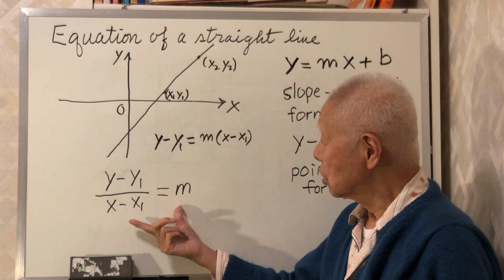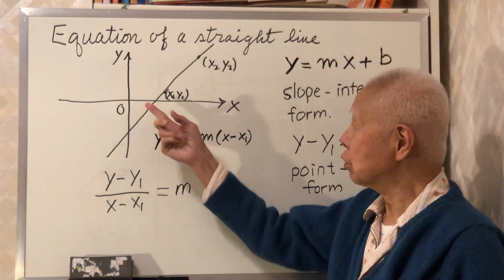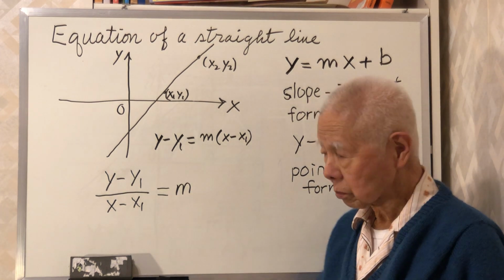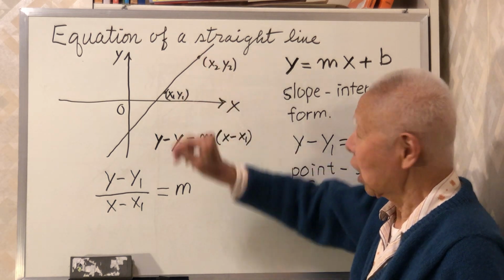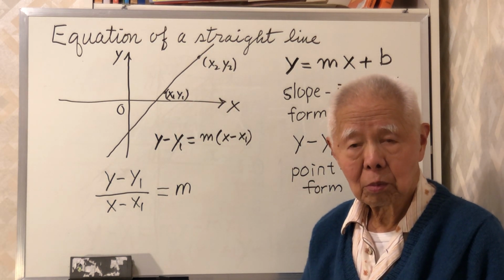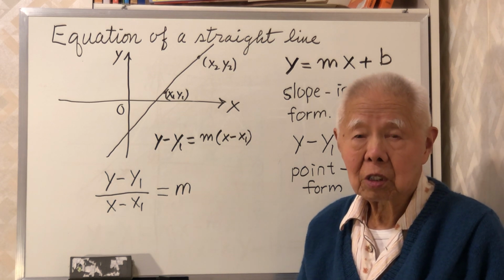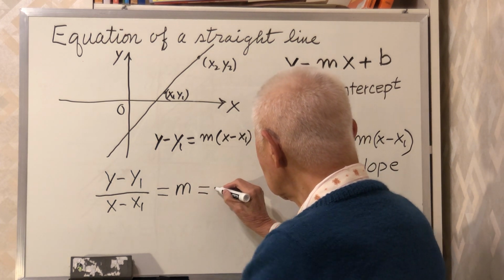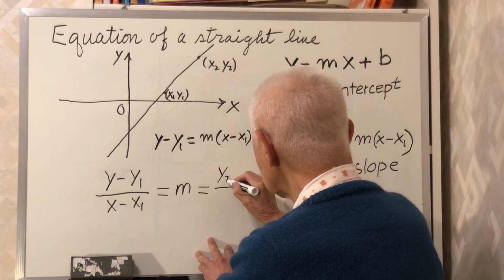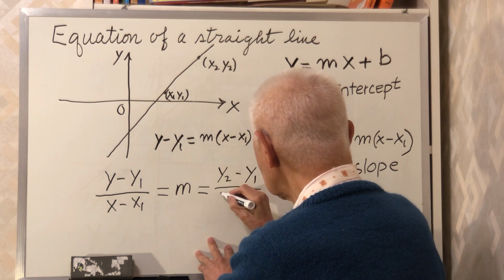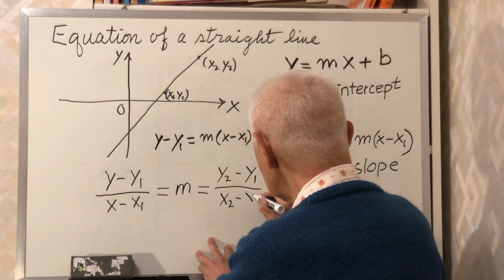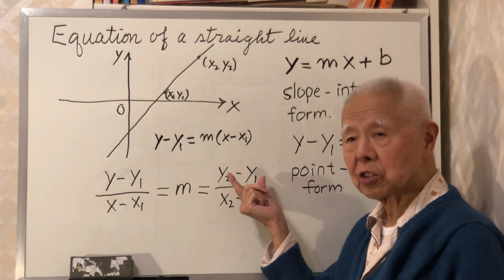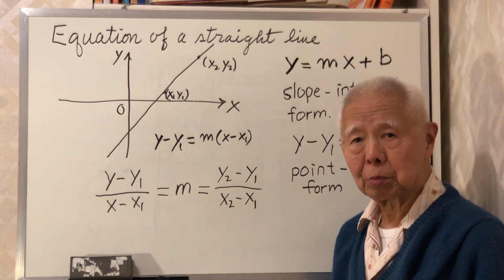Okay, let's apply this to this case. What is the slope? I have 2 points now. If you have 2 points, you know how to write down the slope, right? The slope is rise over run. Rise is y2 minus y1.